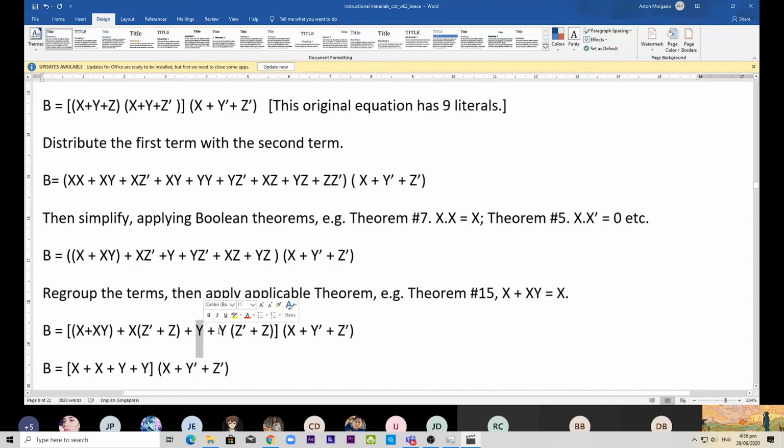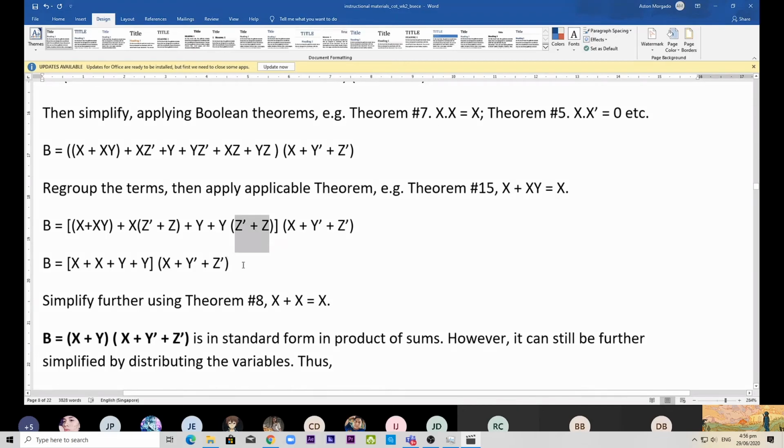For yz, it's actually yz prime and yz here, and then you factor out the y. So x plus xy is x, from the absorption theorem. Then z prime plus z is 1 times x, so we have another x here. Then copy y, and z prime plus z is 1 times y, which is y. So x plus x is x, plus y is y.